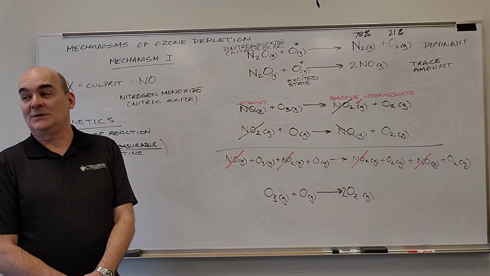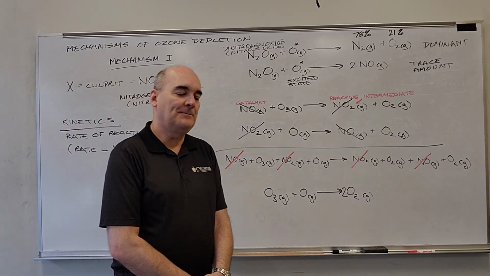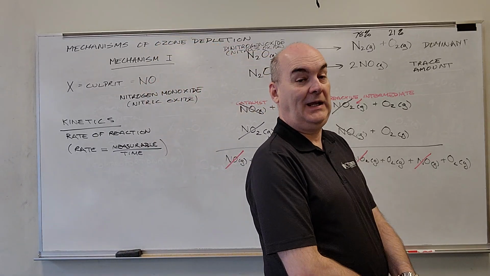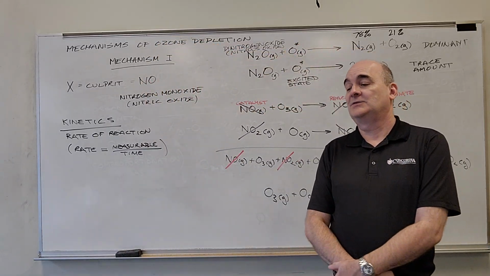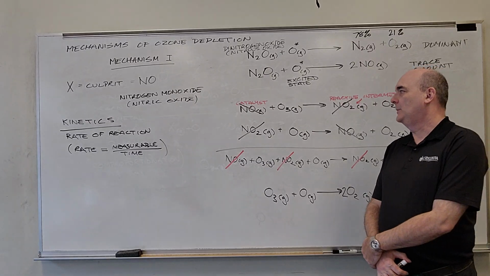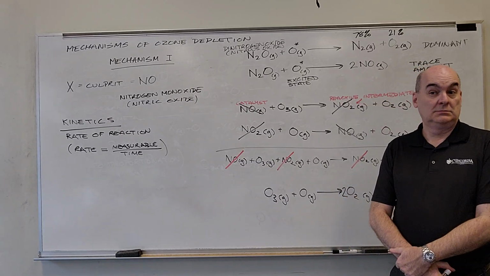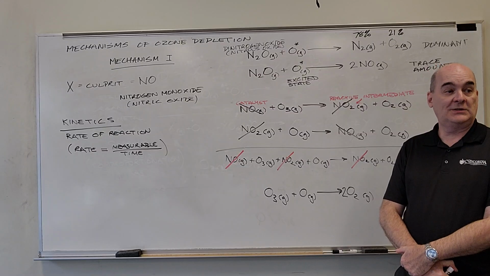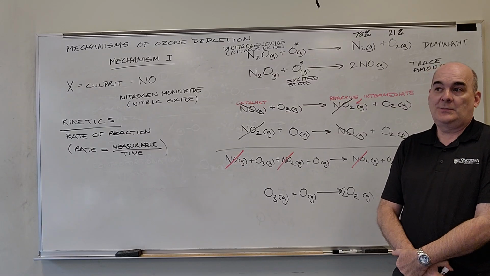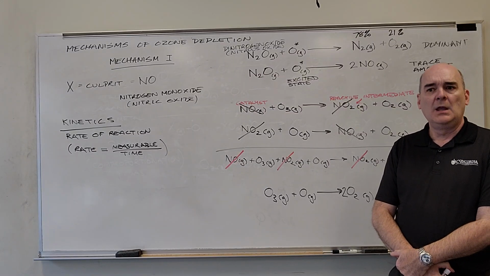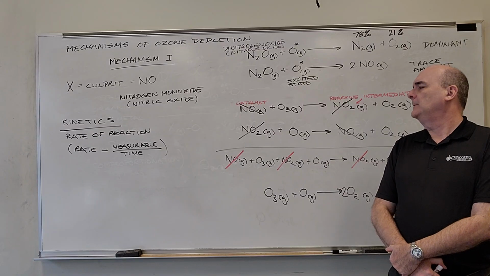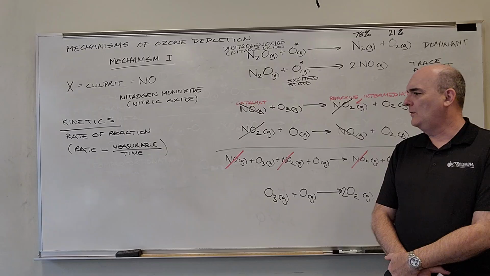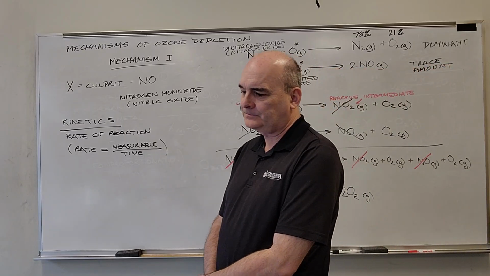Because PV equals nRT, the number of moles of a gas is reflected in its pressure. So I could map the pressure change versus time. And that would tell me something about how much I started with and how much I ended with. I can turn pressure into a number of moles. Okay, so kinetics tells us about the rate of reactions.